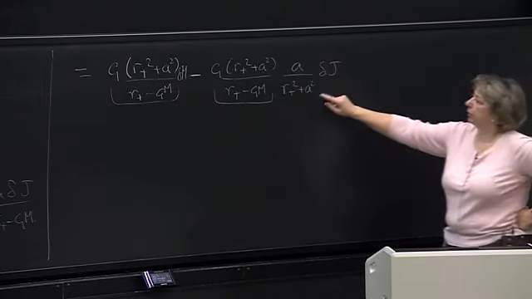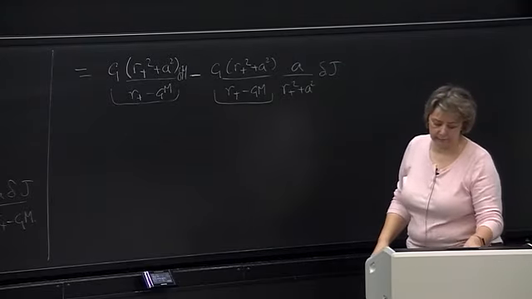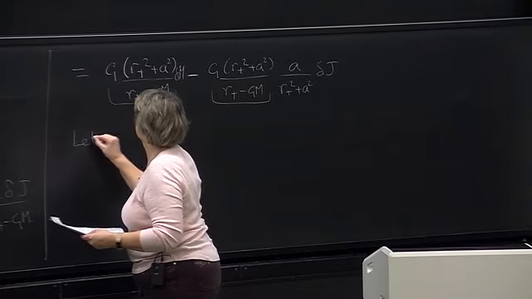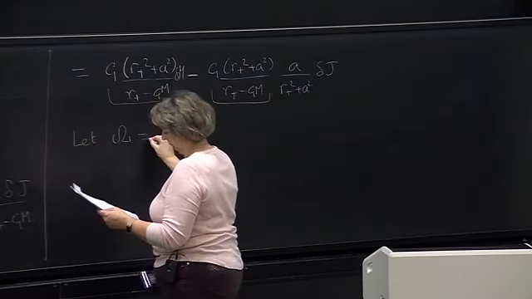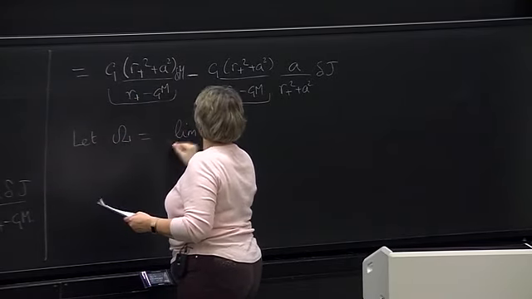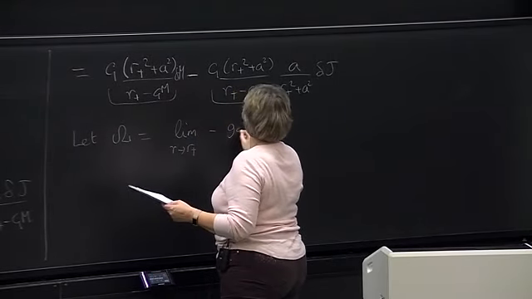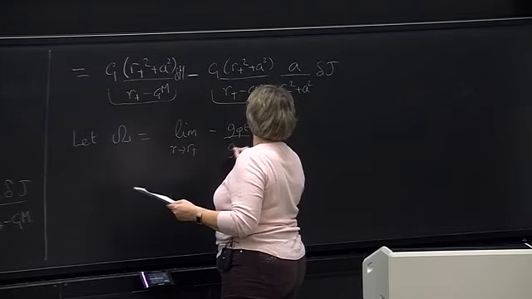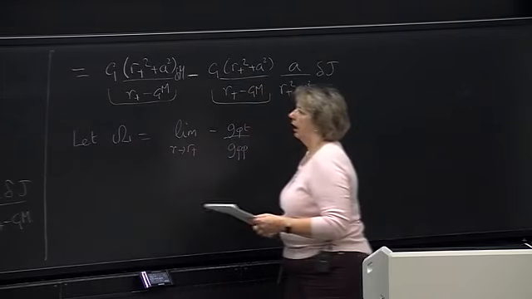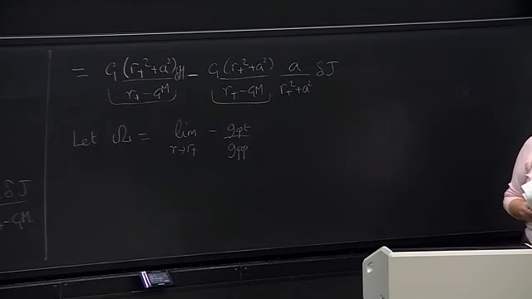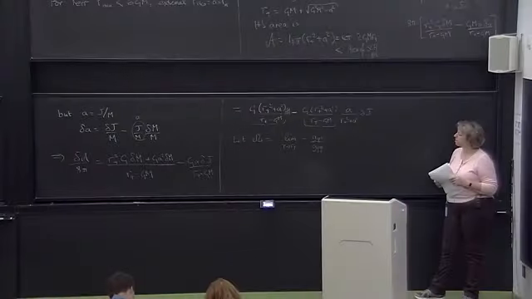But now let me look at what's multiplying delta J here. And I'm going to argue that this omega represents the angular velocity of the event horizon.